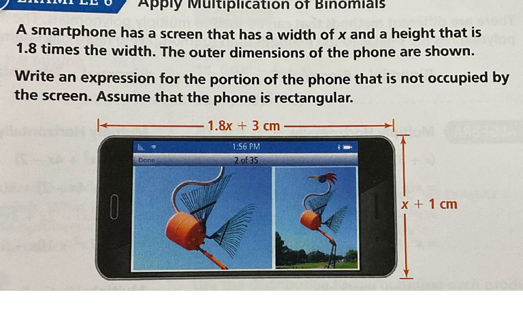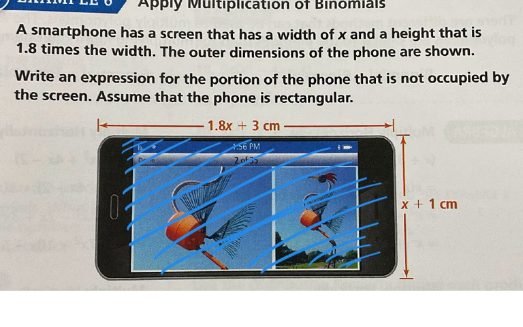So we've got a part that has a screen and a part without a screen. We have a part that the screen covers, and then we have the extra parts of the phone where they don't. So basically, this portion is where the screen covers.